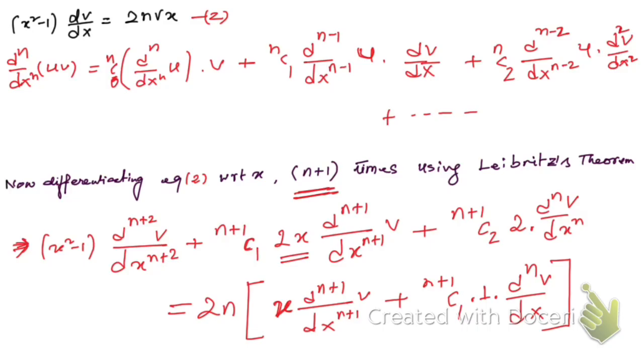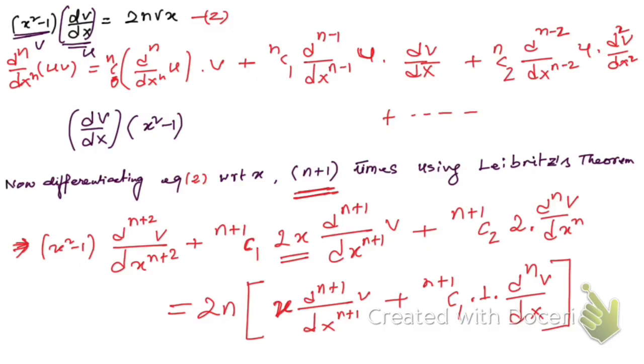So here you see, in this case we have taken this dv by dx as u, and this one as v. We have taken this as u and x square minus 1 as v.